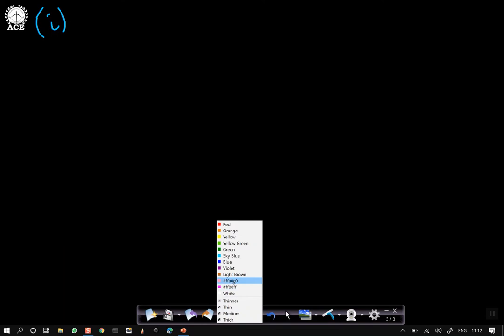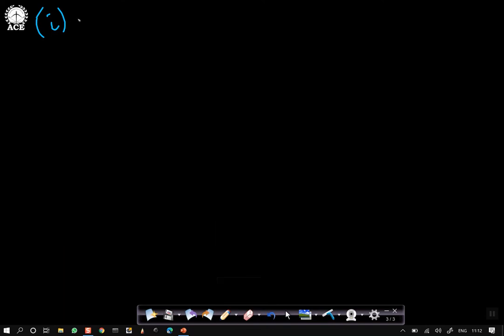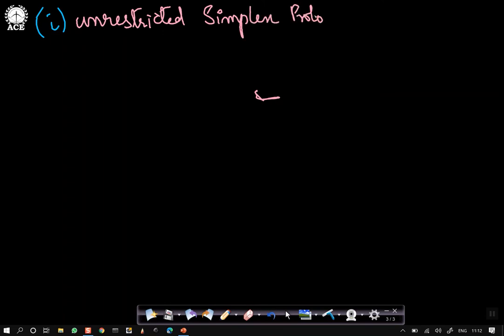So what are we saying? We are saying the first protocol is the unrestricted simplex protocol. This is also in short known as the Utopian protocol.